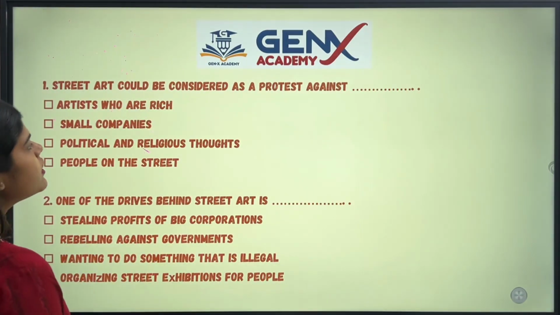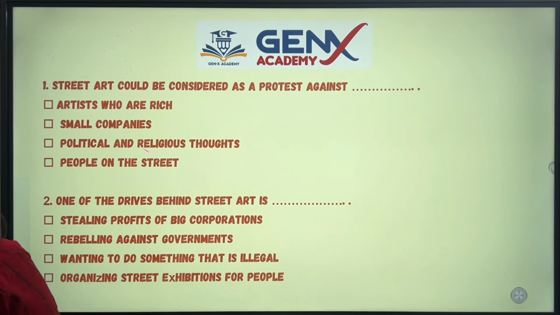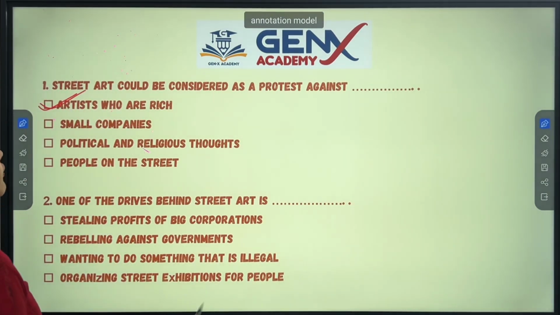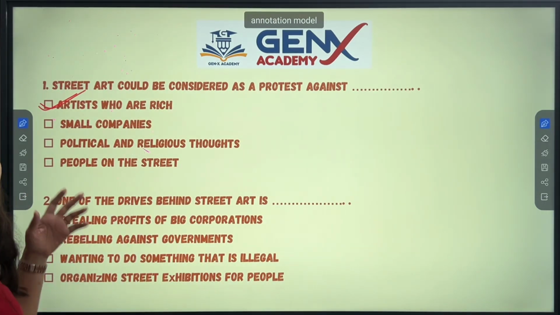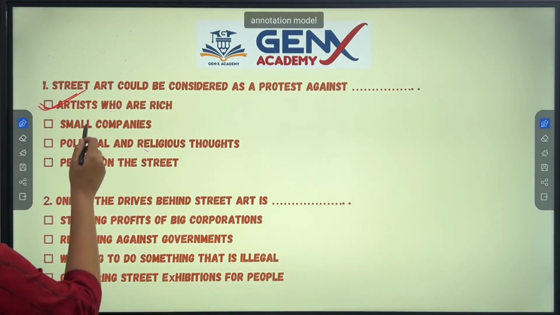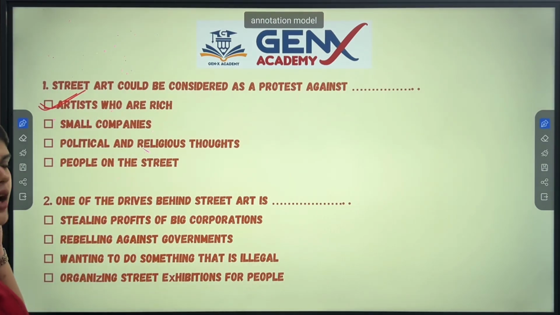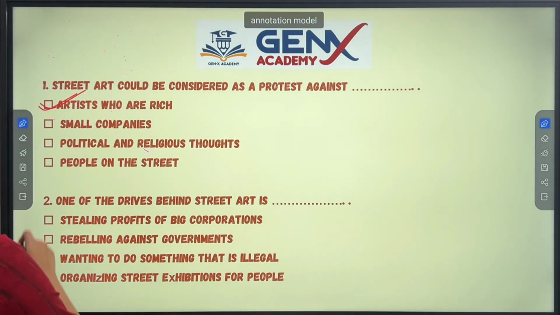So, the option here says artists who are rich, obviously not from small companies. So as there are no big companies or corporations mentioned in the option, I will choose the option artists who are rich.